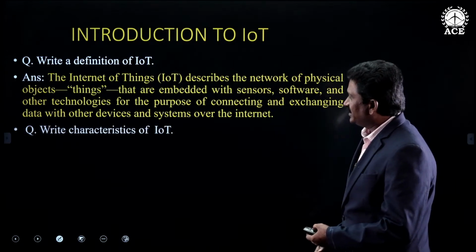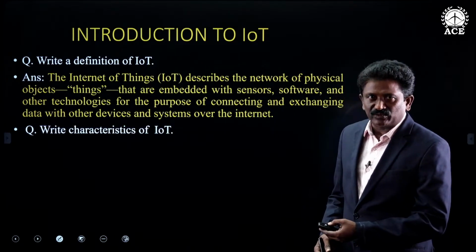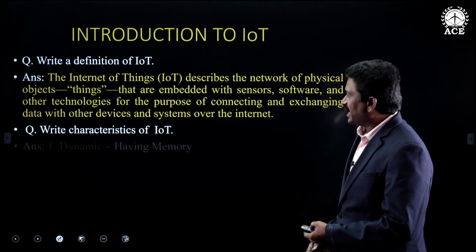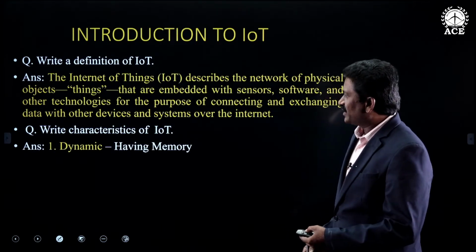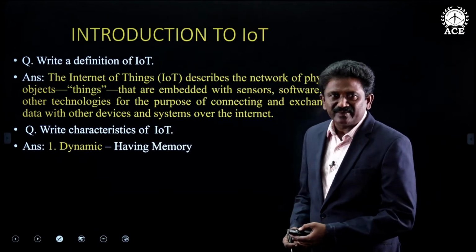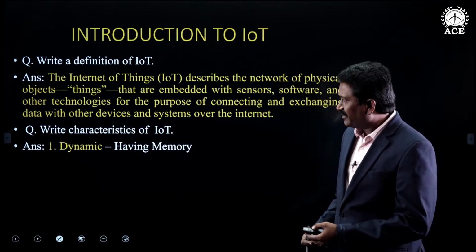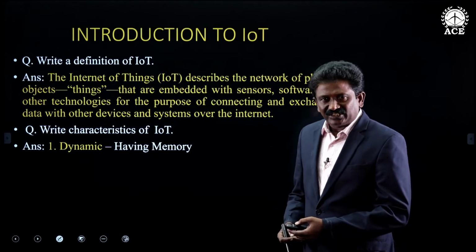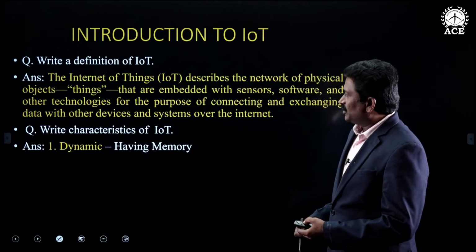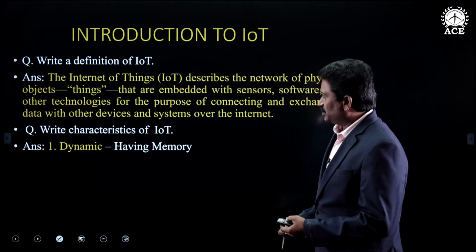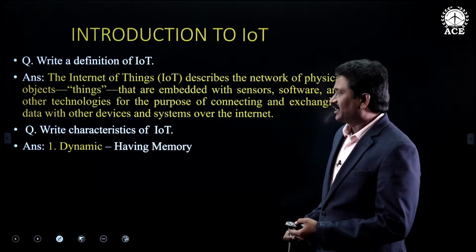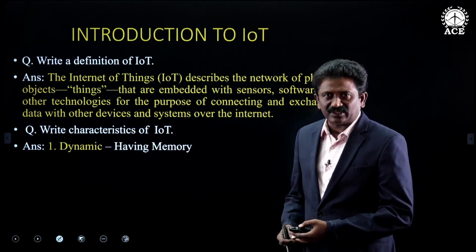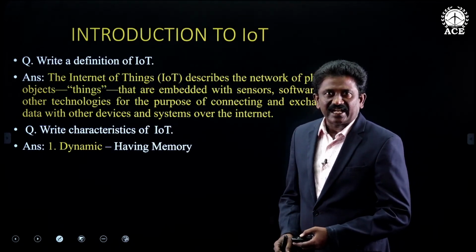Next, there is a chance to be asked to write the characteristics of IoT. It has 6 types of characteristics. First one, dynamic. Dynamic means it has some memory, which is used for storing data. We have 2 types of systems, static and dynamic.